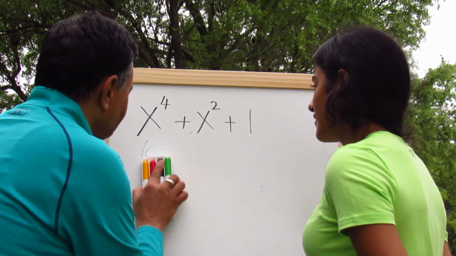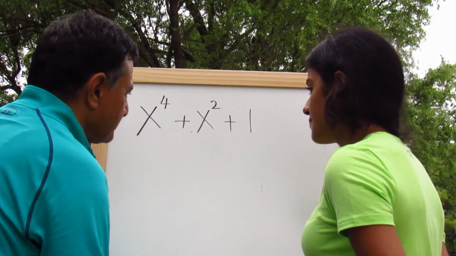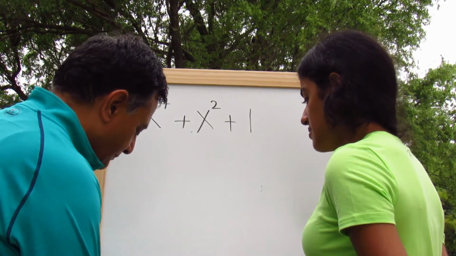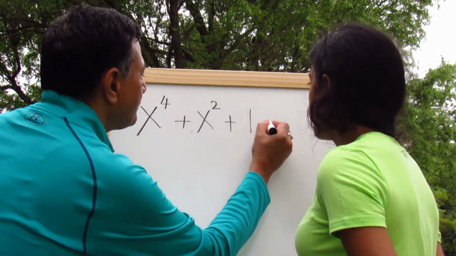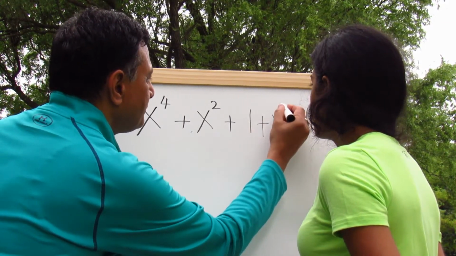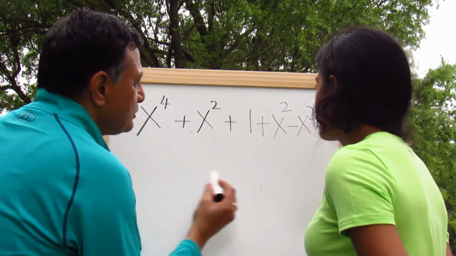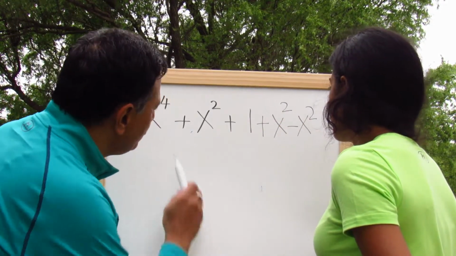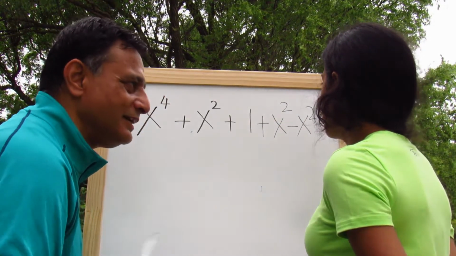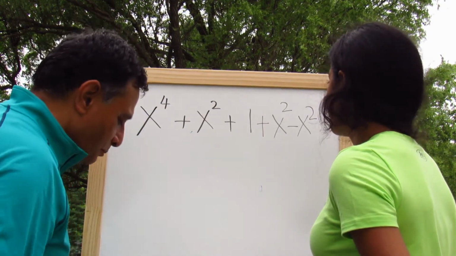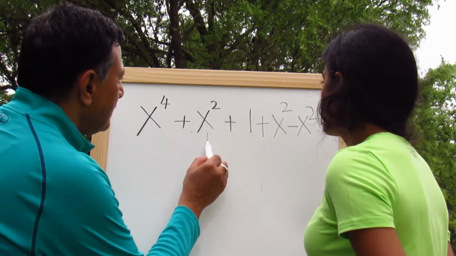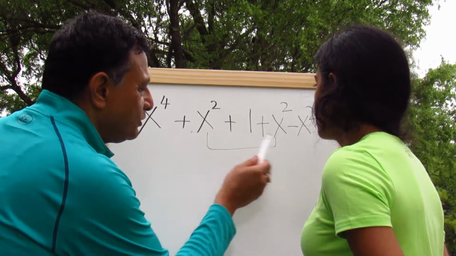I'll show you how. What we will do here is add x squared and also subtract x squared. When you add and subtract x squared, you don't really change the expression. It remains the same. But combining these, we get 2x squared.